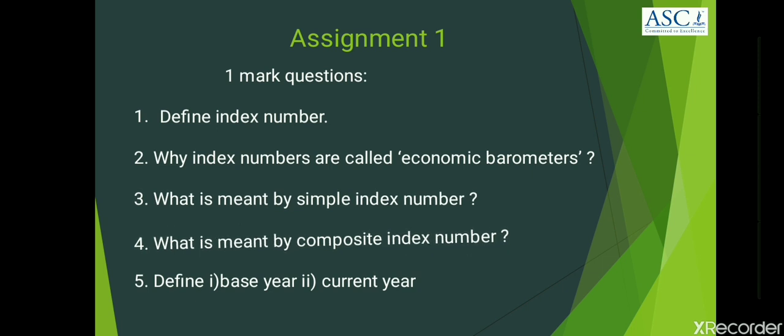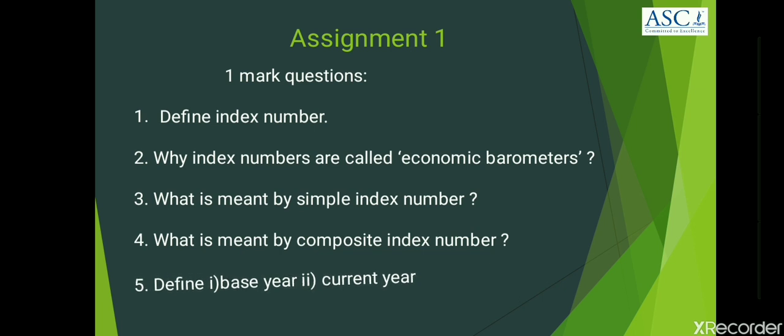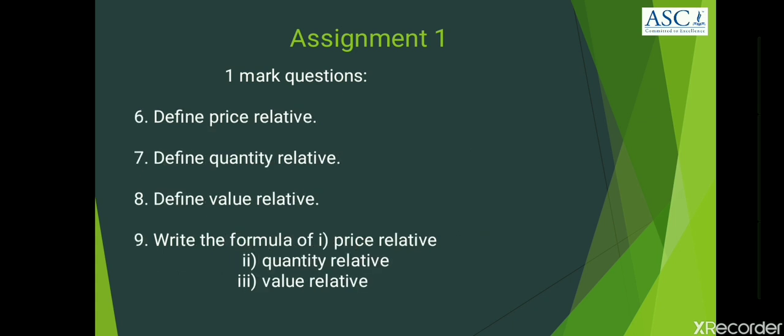What is meant by composite index number? Define base year and current year. Define price relative. Define quantity relative. Define value relative. And the last question, write the formula of price relative, quantity relative, and value relative.